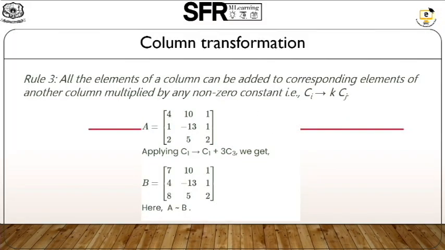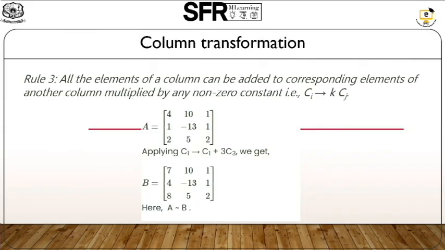Then in rule 3 also, we are applying the row transformation in the same way to columns also. Here we are applying the rule as C1 is going to be changed to C1 plus 3 C3.